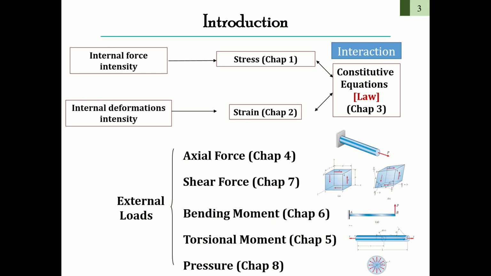Okay, and second, the force causes the body to have deformation, so we have to calculate the internal deformations intensity. The deformation intensity is related to strain. The strain is in chapter 2. Then chapter 1 is stress and chapter 2 is strain.